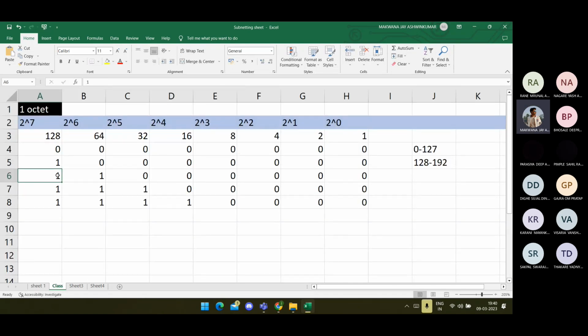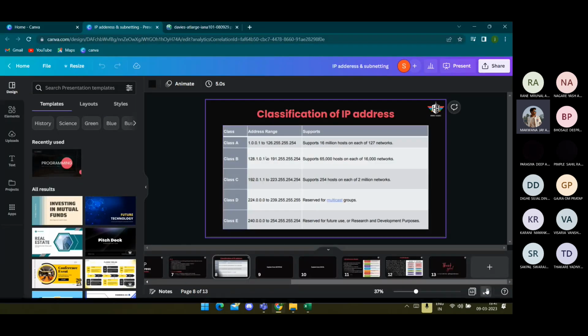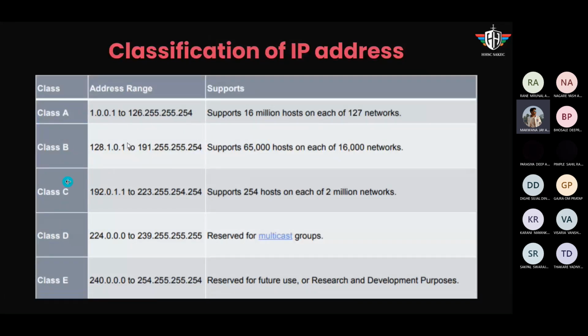If I set 128 and 64, then my IP address can go from 192 to 223. So this is how the classes are divided. If you don't understand this part, then it's okay. This is just an extra part for understanding the division of classes. If you remember the range of classes, that's more than enough to learn subnetting.